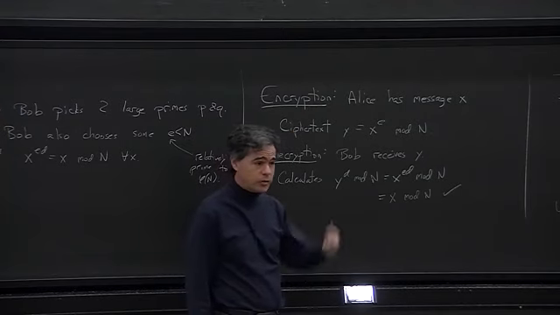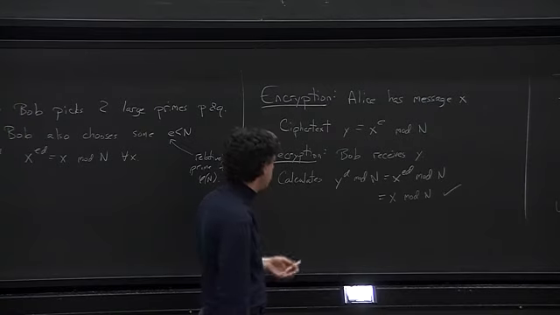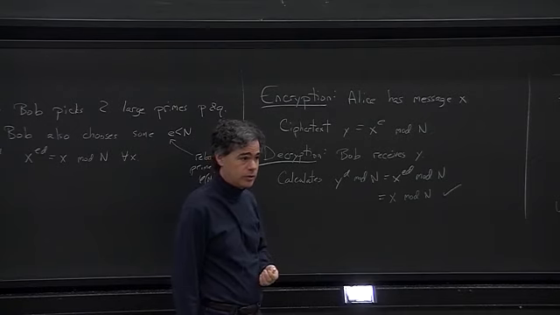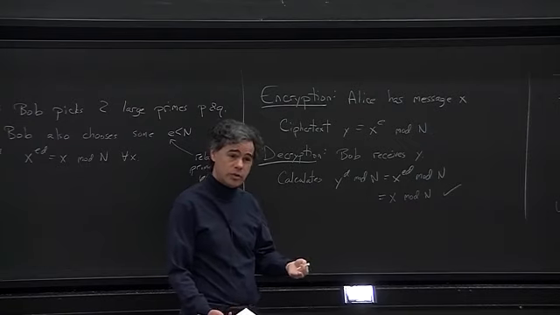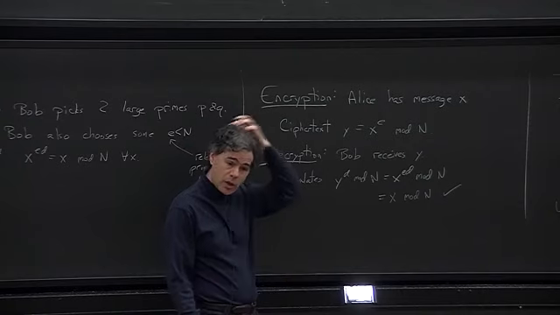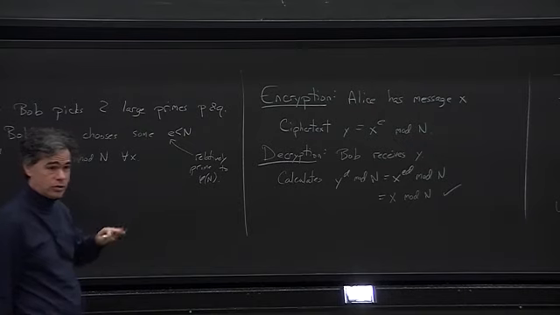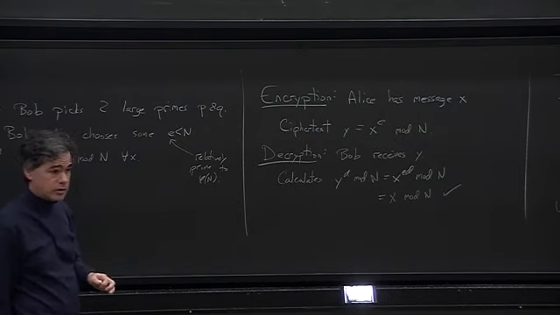And so if she has only a small list of possibilities, she could just try encrypting all of them using this scheme and compare to the ciphertext. And if one of them matches, she knows that was the actual message. So as I presented it, this scheme is not secure in that sense.